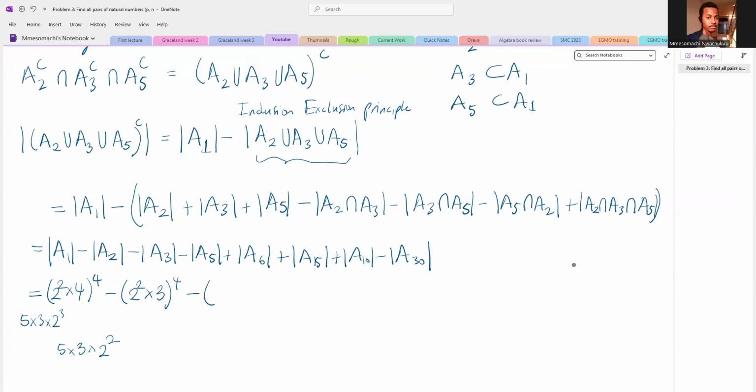And then A3 is going to be, so this disappears, so that'll be 1 plus 1, 2, so 2 times 4, to the power of 4. Okay, let me just confirm. A5 is going to be the same thing.